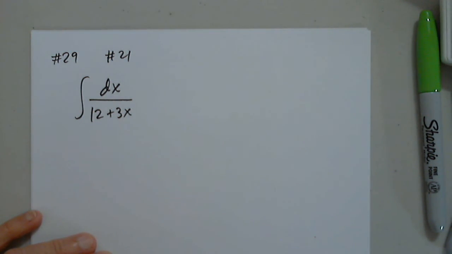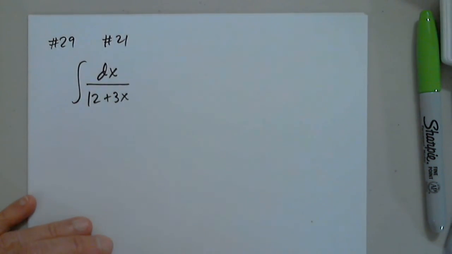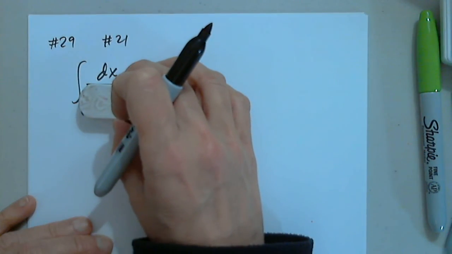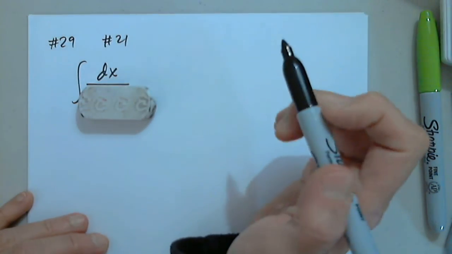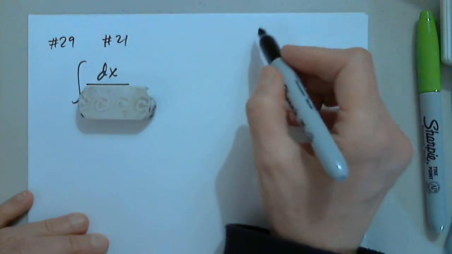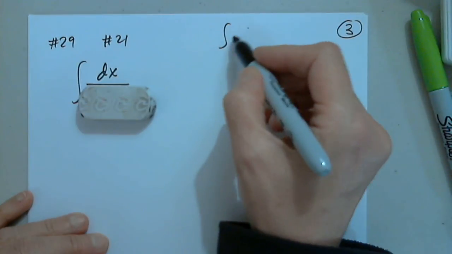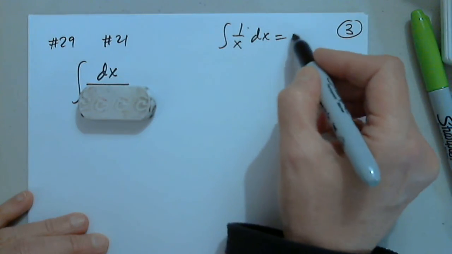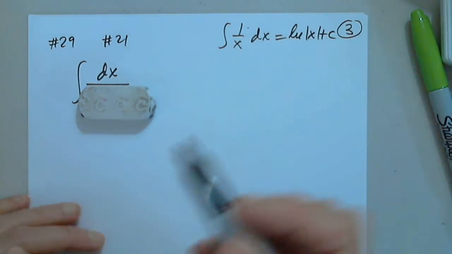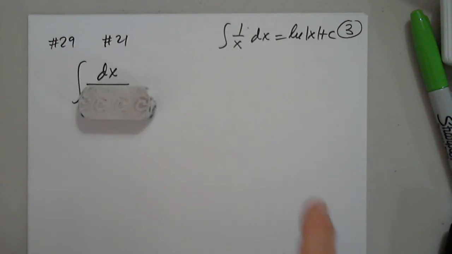Okay. So this is what I would like to make go away. I want 1 over x. I would like to see something like this. So I can write natural log of the absolute value of x plus a constant c. This is what I want.